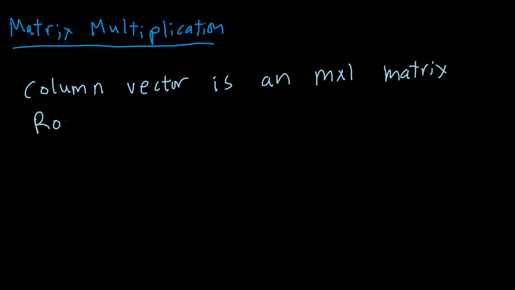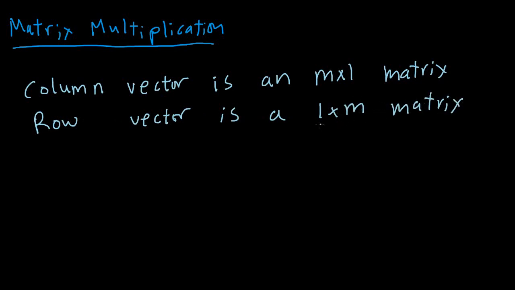Likewise, a row vector is a 1 by m matrix because the first number is the number of rows and a row vector is just one row.